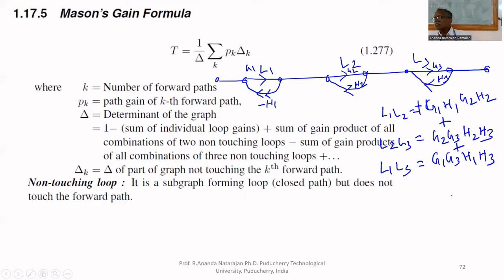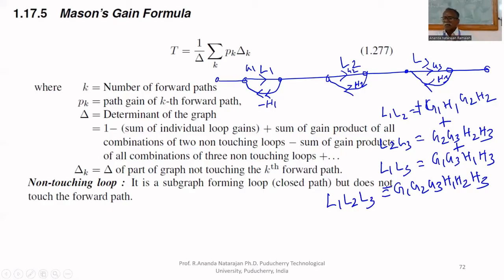Is there any three non-touching loops? Yes, L1, L2, L3 are not touching each other. Therefore, you will get one term: L1 L2 L3 equals G1 G2 G3 H1 H2 H3, with a minus sign because there are three negative terms.